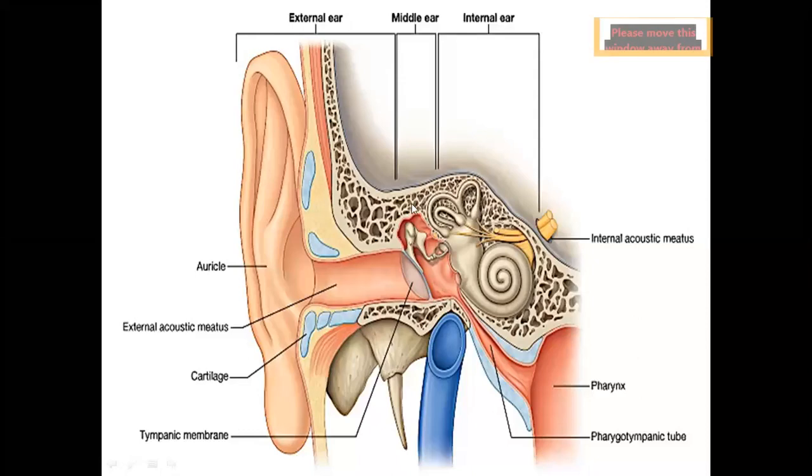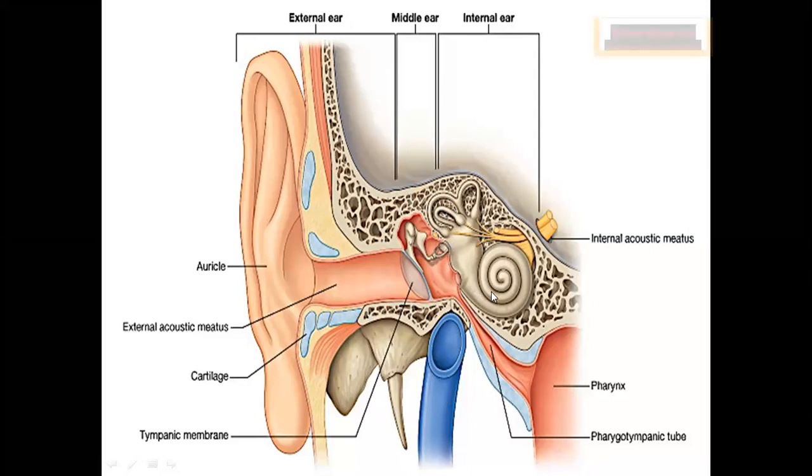So you can see whole of the ear is lying in the temporal bone. So the lateral boundary is formed by tympanic membrane. Roof is formed by temporal bone. Special plate of this temporal bone is tegmen tympani. Then floor is also formed by temporal bone.